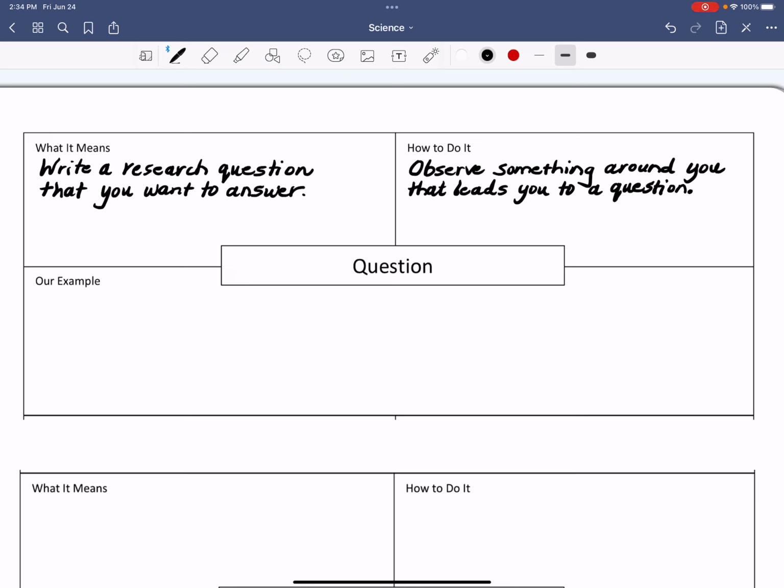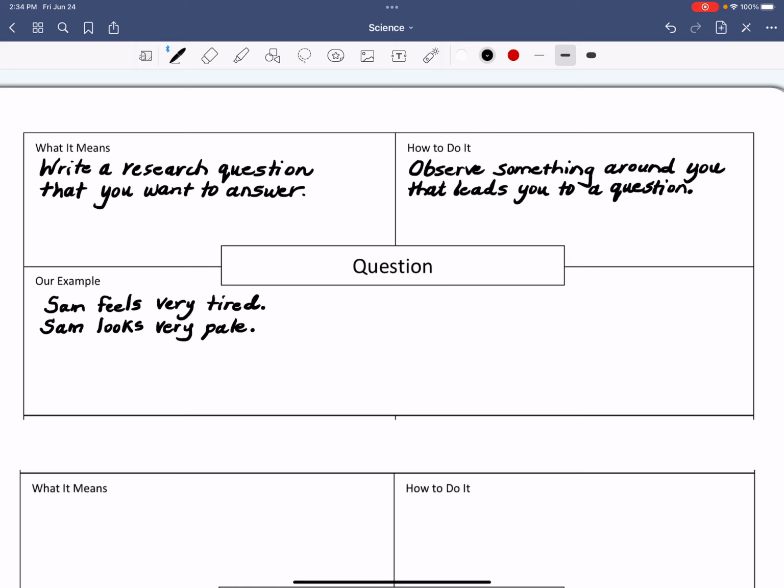So I'm going to just make up a name. I'm going to use a man named Sam. Sam feels, so that's an observation, very tired. Sam looks very pale. His face is very white.